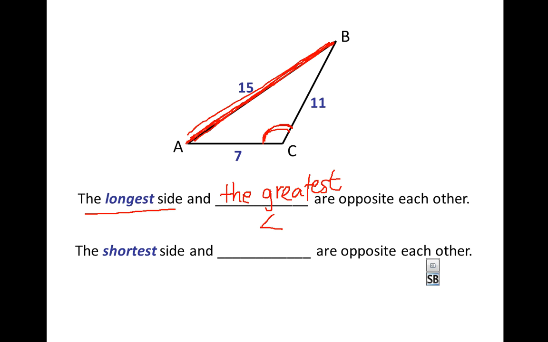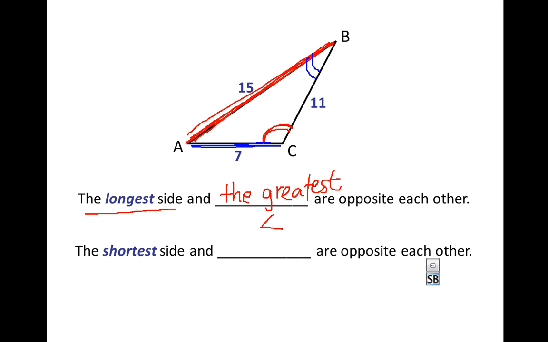It works vice versa. So let me ask you, which side is the smallest side or the shortest side? You can see that AC is the shortest side. Which angle is opposite side AC? The angle that's opposite side AC happens to be angle B. Since angle B is opposite the smallest side, angle B will be the smallest angle in the triangle.